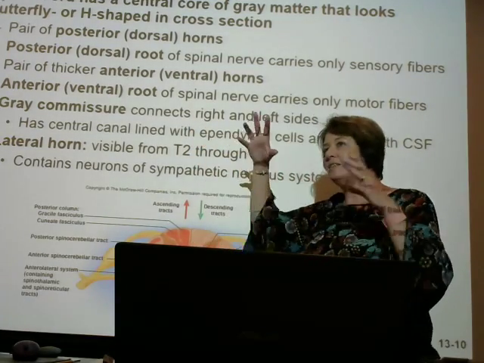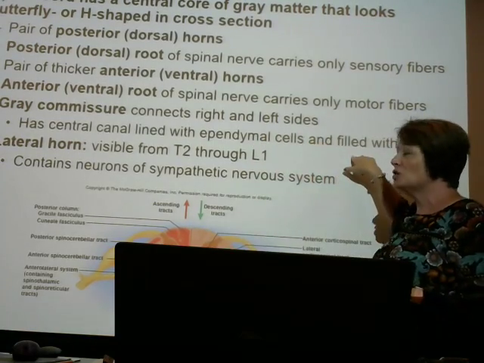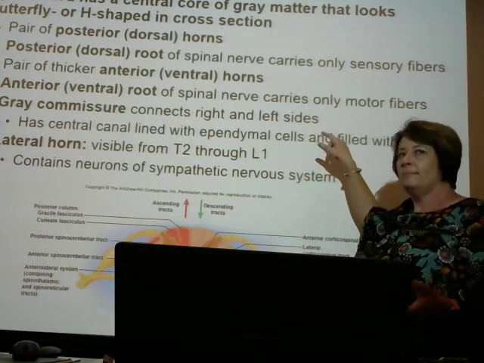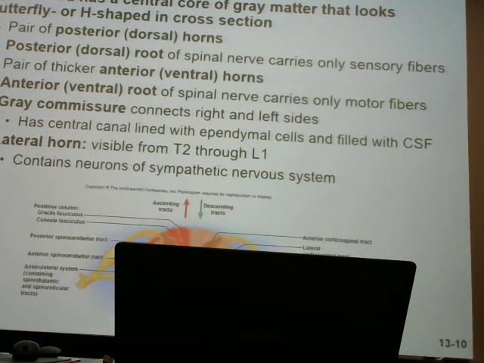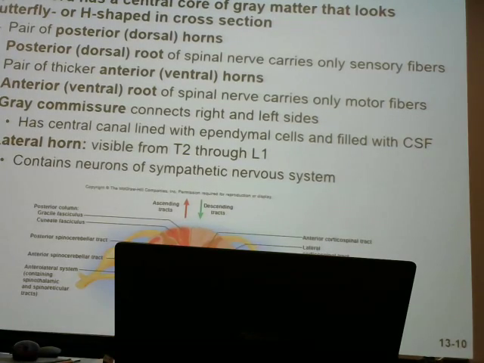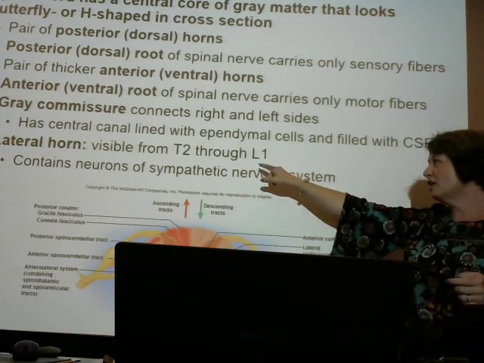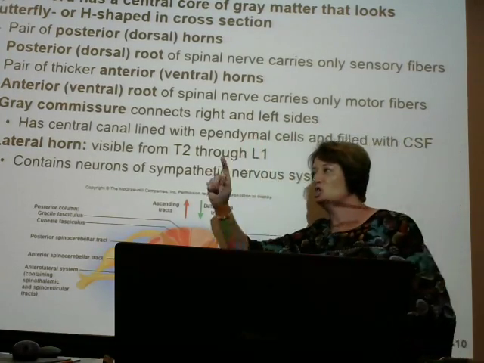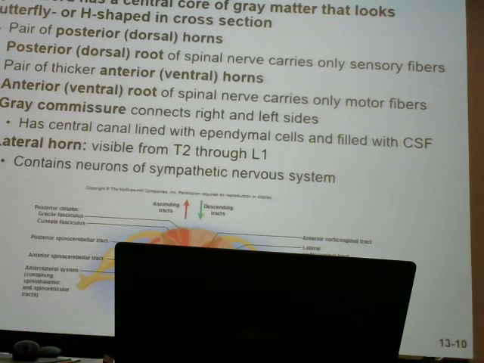when I look at that structure, I'm going to find that the commissure, I'm not Batman, the gray commissure, all right, is going to be what helps connect the left and the right sides. I'm also going to see that from T2, where would that be?